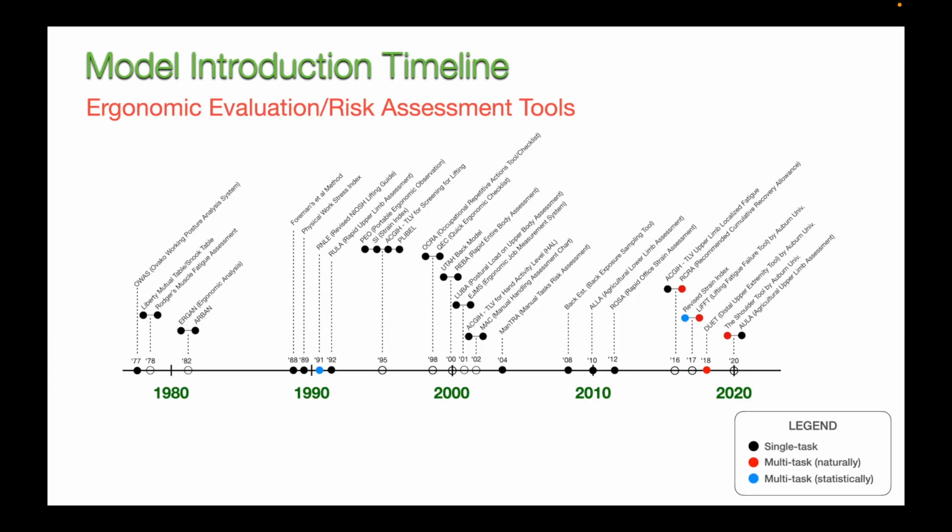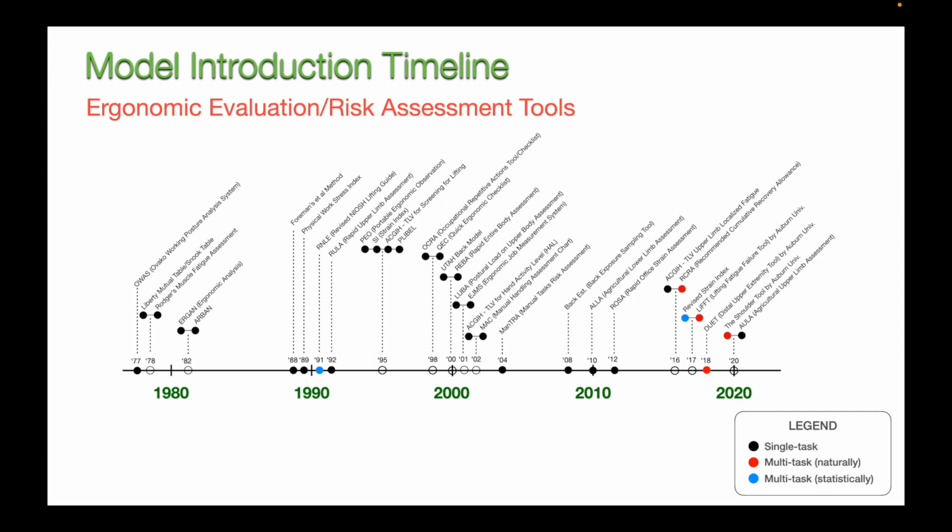This is a kind of timeline of the more well-known ergonomic evaluation and risk assessment tools. Notice that most of the models are single task, the ones with the black dots. But notice that some of the more current tools, from the last 6 or 7 years, have color dots.